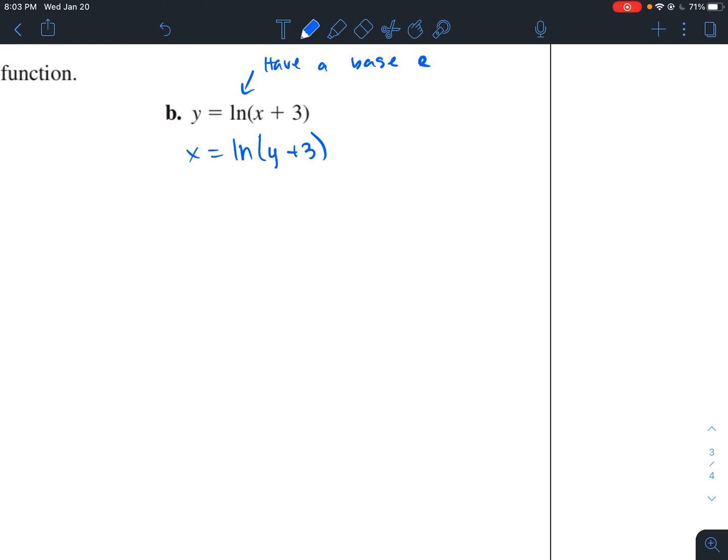Now, what we can do is rewrite this as an exponent. Here it's log base e, so I'm going to write this so that it looks a little bit more familiar: log base e of y plus 3 is equal to x. Now I'm going to rewrite this in exponential form. Remember that the base is e, so e to the x power is equal to y plus 3.